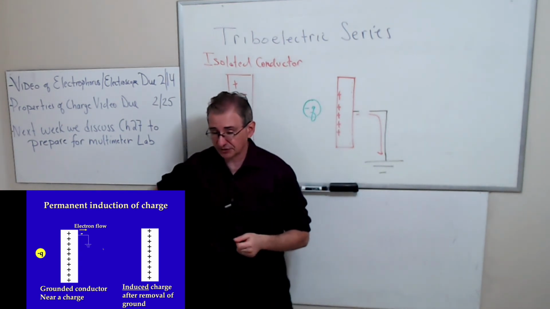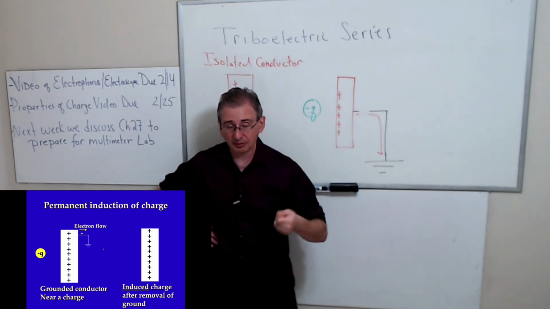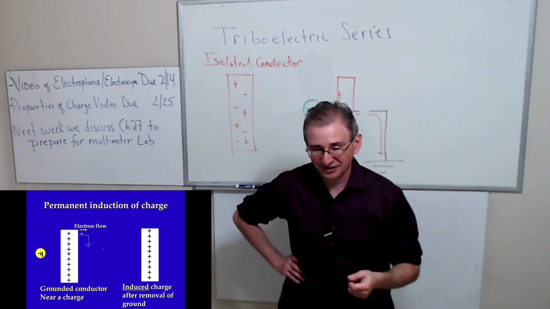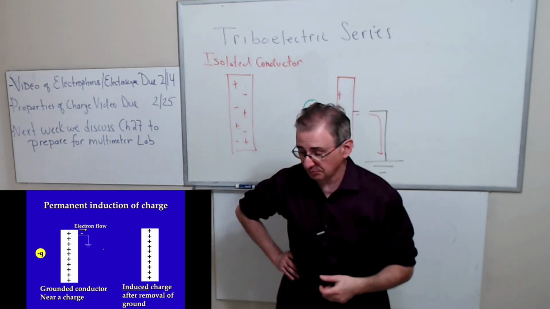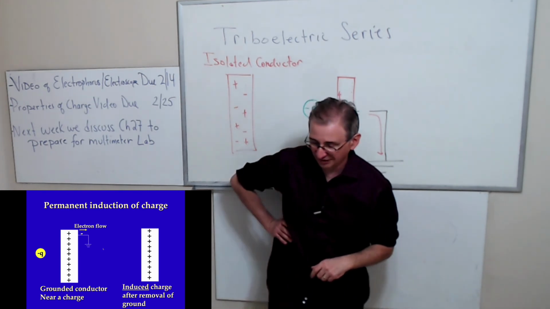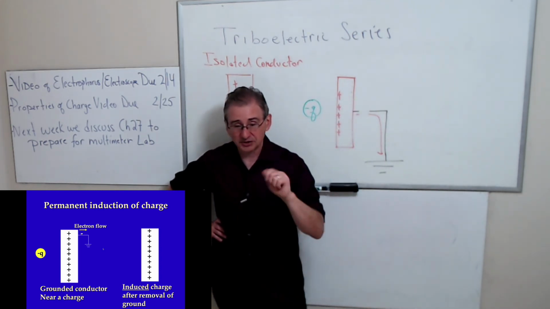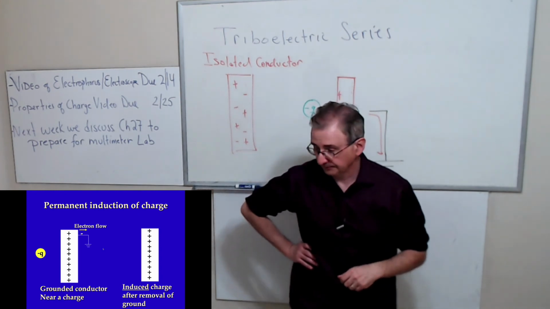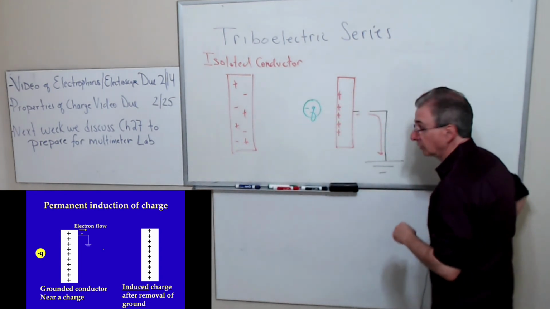If we were on campus, I would leave that in because I can walk into the lab and make it work. But it's a lot harder when you're doing this at home. So I'm going to make a couple of corrections to the lab to get rid of the part that mentions the glass rod and the silk. So you don't have to do that part.